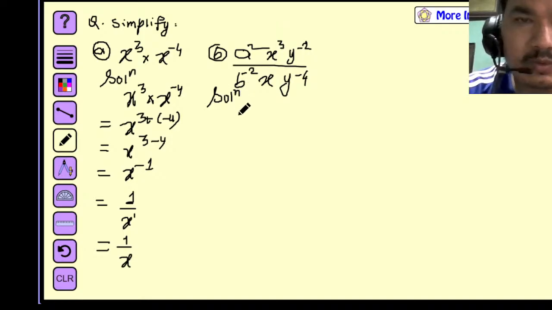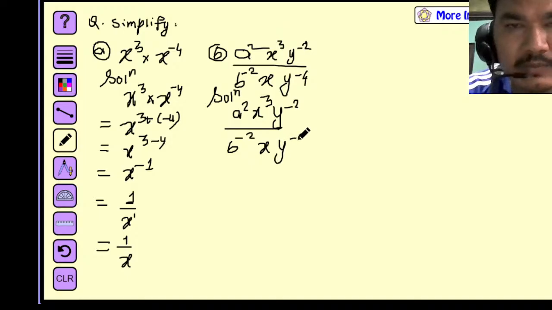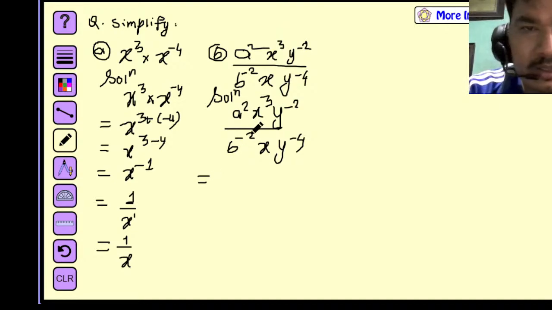And write the question one more time. Okay, a square x cube y to the power minus 2 is here, and here's b to the power minus 2, here's x only, and here's y to the power minus 4. Let's see the expression having the same base.